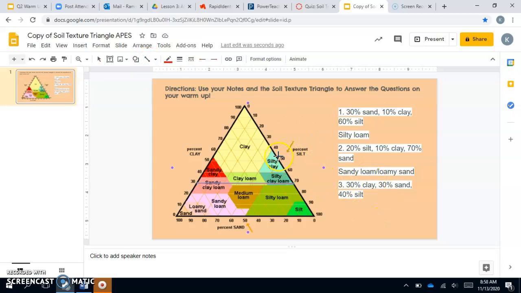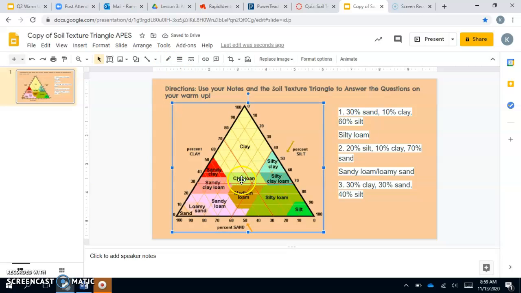We've got 40% silt, which is right here. I'm going to draw him down at an angle along that 40% line. And then we've got 30% sand. So on the bottom, we'll find our 30 sand. And we will draw up at an angle. Okay.